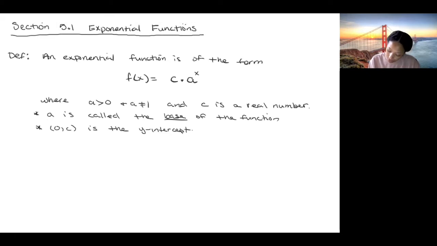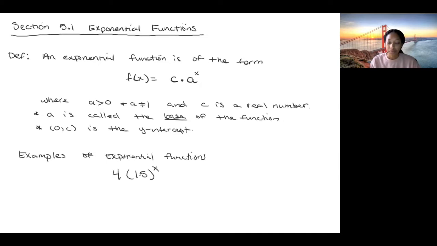All right, so examples of exponential functions. Basically, we're taking any positive number and raising it to the x power and then multiplying. So something like y equals 4 times 1.5 to the x power, or y equals 1/2 times 3 to the x plus 2.